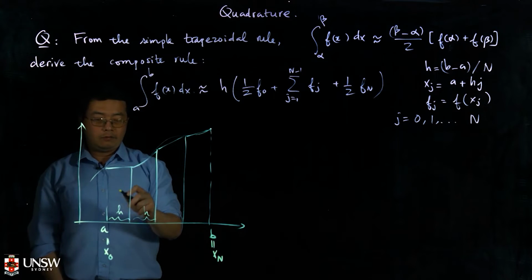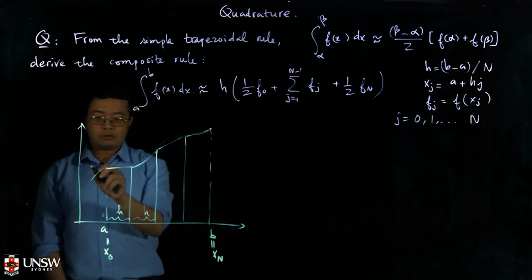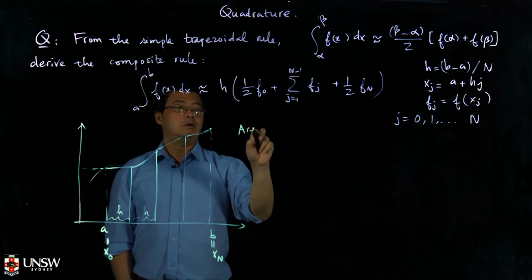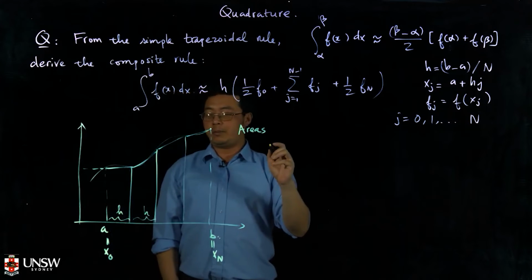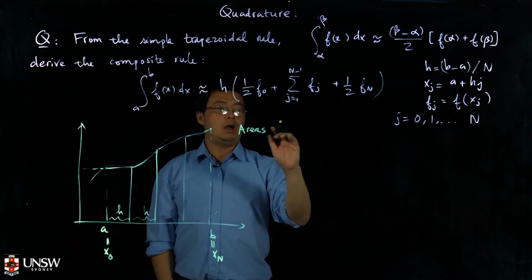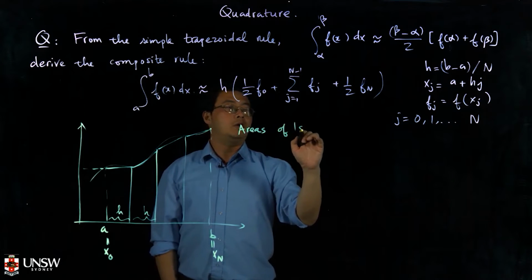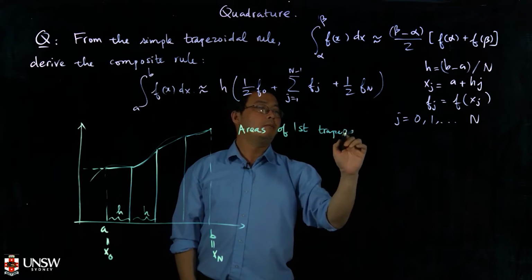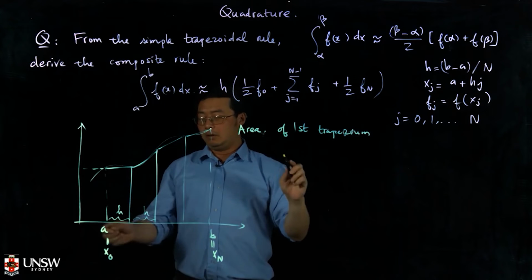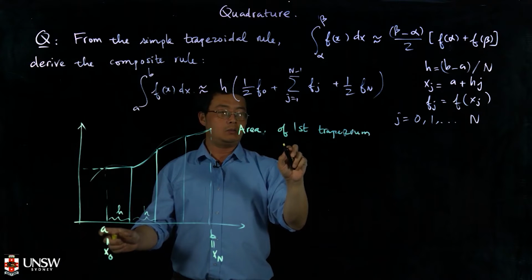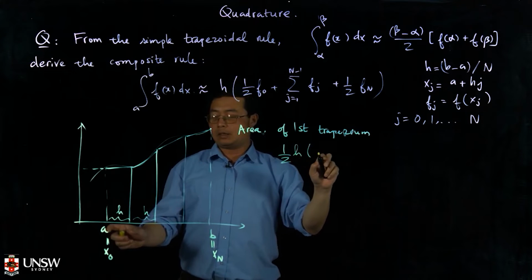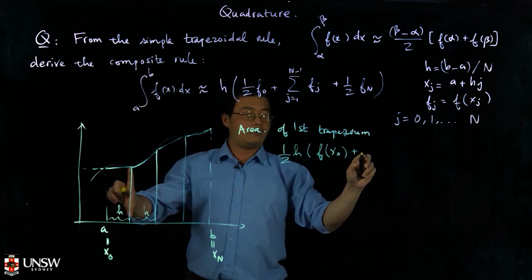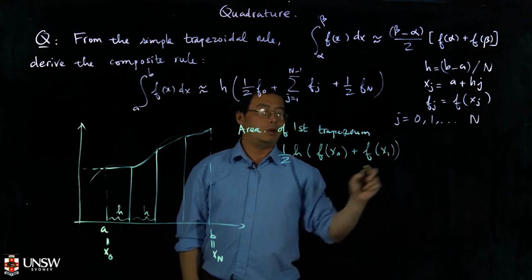So now what is the area of the first trapezium? The area of the first trapezium will be 1/2 h times the sum of the heights, which is f(x0) plus f(x1).